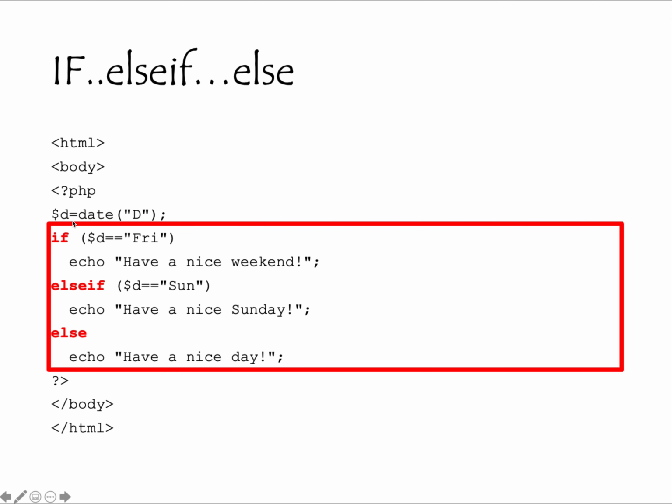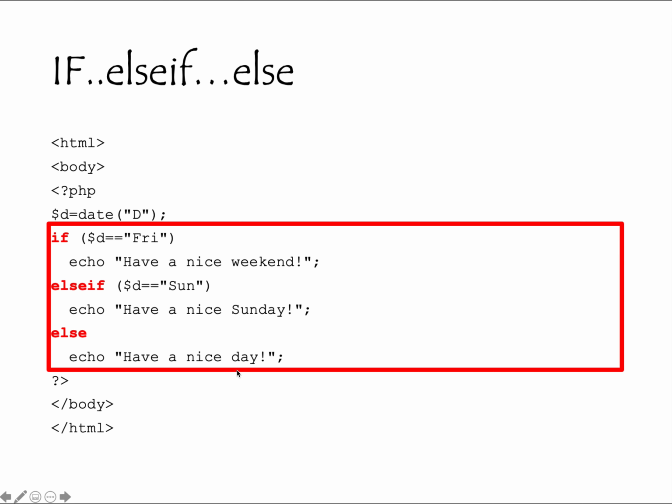Again, we got the current date, and first we check whether today is a Friday. If that's true, we want to echo have a nice weekend. Now, second condition, if it's a Sunday, we want to say have a nice Sunday. And else, we want to just echo have a nice day. So these are three conditions.